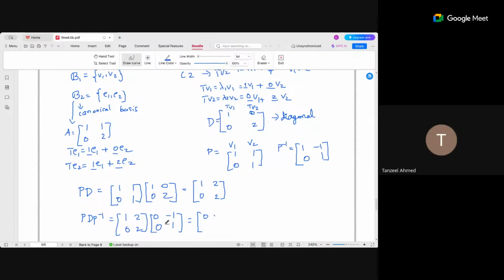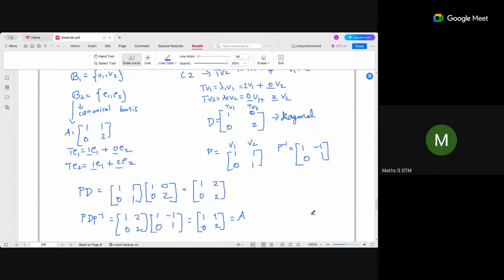P inverse has 1 in the first row, so the first entry is 1. And then you have minus 1 plus 1, so again 0, and then here you have 0 and 0 plus 2, so 2. Is this equal to A? So did we get A equal to PDP inverse?